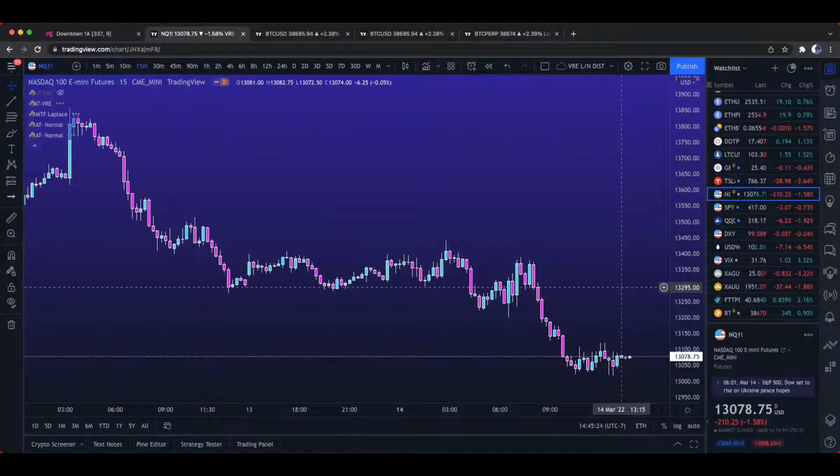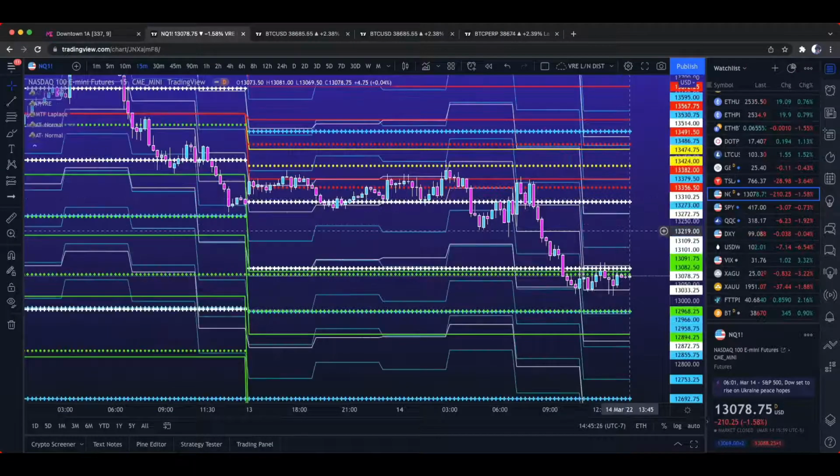Yep. Nasdaq was going sideways, just like Bitcoin, right?